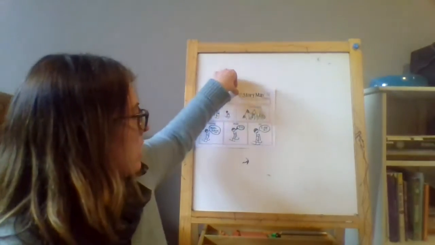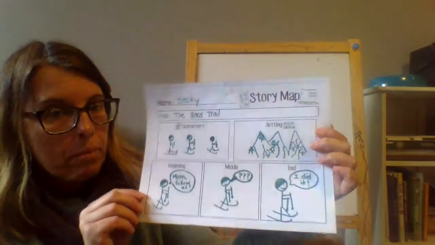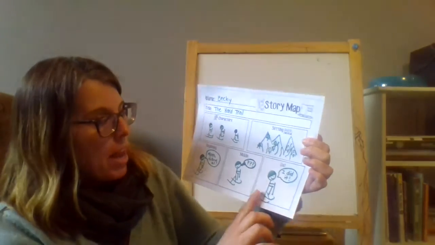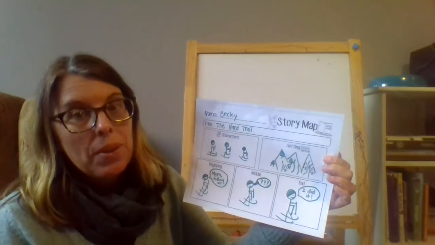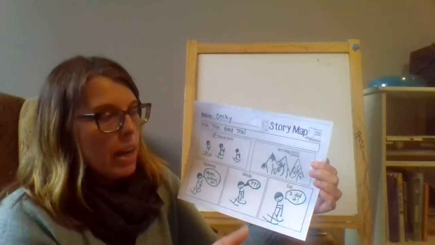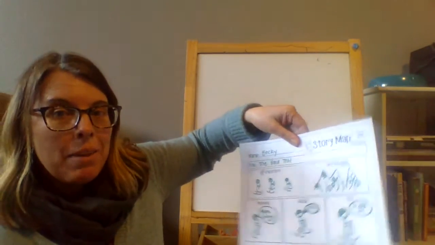So the first thing to do is get back out your story map and look at the part over here that says end. And at the end I wrote, I did it, and I have a smile. So the ending of my story is going to be explaining that I did it, that I was able to do the hard trail. And I have a smile, so I think that means that I felt proud.